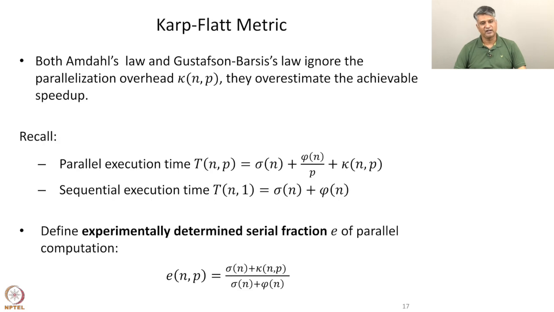We will now define the experimentally determined serial fraction E of the parallel computation. It is experimentally determined because kappa of np is highly system dependent, and hence it has to be measured differently on each system. So, we have E of n comma p, which is sigma n plus kappa np divided by sigma n plus psi of n.